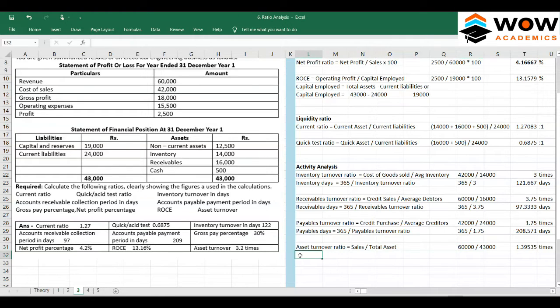So if you want, we can also find out another ratio called net asset turnover ratio, which is equal to sales divided by net assets. So net asset refers to total asset minus current liability.